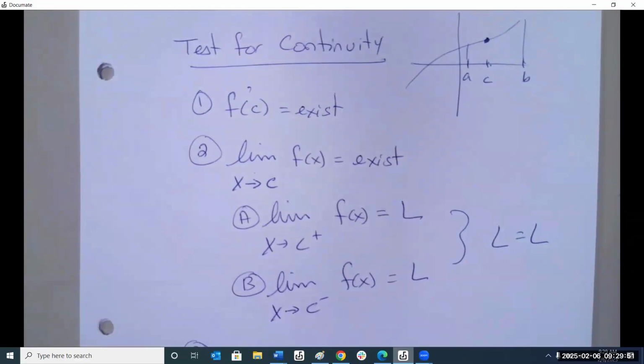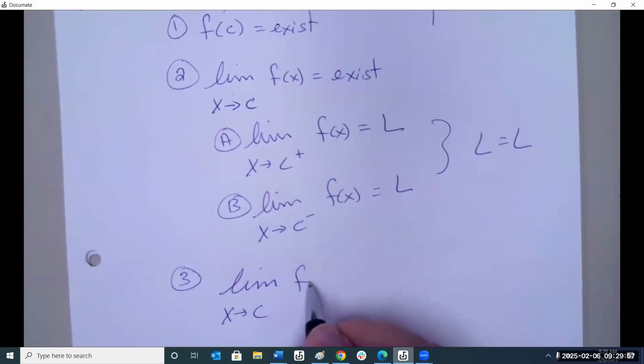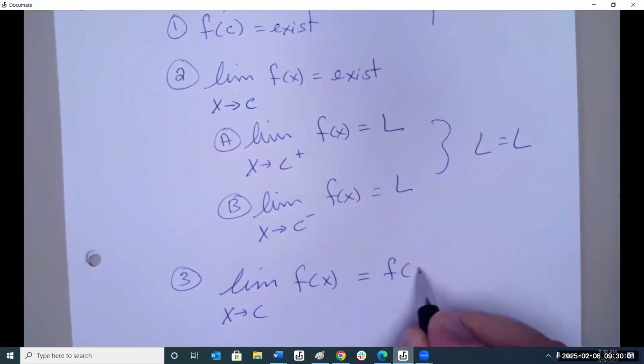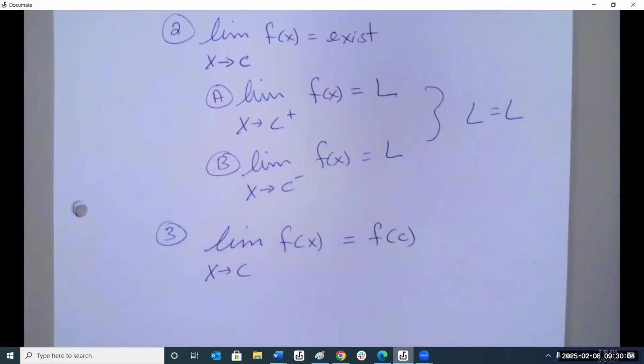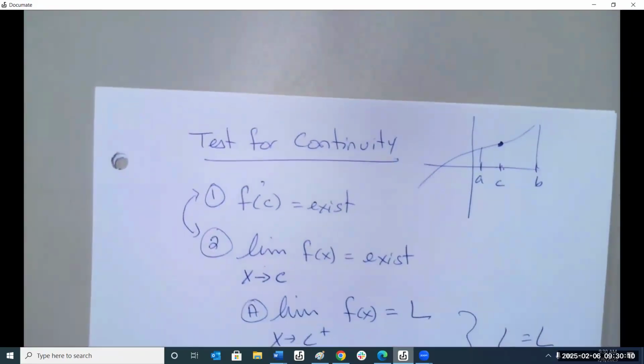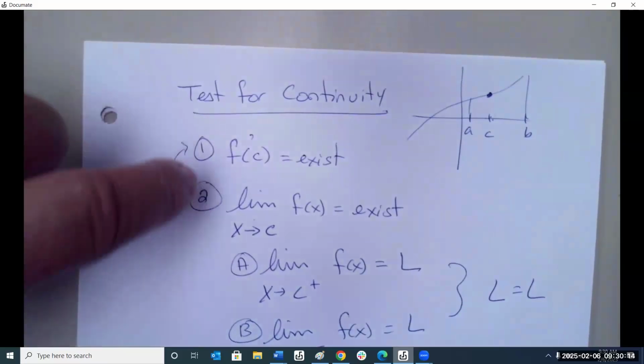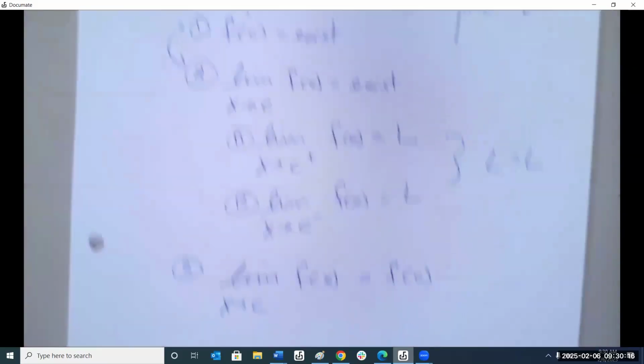For it to be continuous, then the limit as x approaches c has to equal that value number. In other words, these two have to be the same values. F of c has to exist, the limit has to exist, and they have to be the same value.